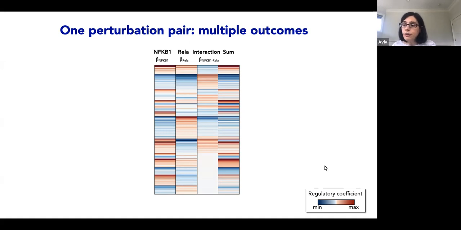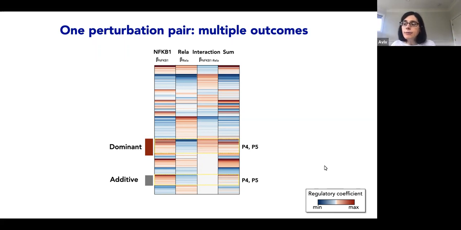So even in just the inflammatory program, and just for those genes where NF-kappa B1 is activating and REL-A is repressing, for some genes there is an interaction in which NF-kappa B1 is dominating, but for other genes, there is no genetic interaction. You see that the overall effect is just the sum.